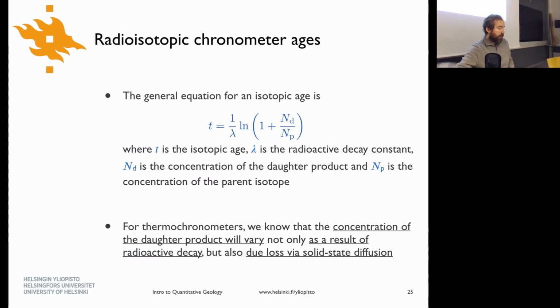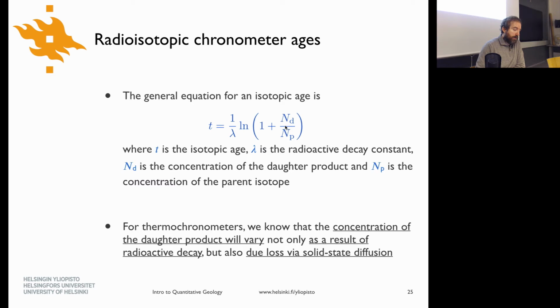All right, so let's now talk just briefly about some of the math here. It's not going to go into great detail, but just the general equations here in case you're interested. If you want to calculate an isotopic age in general, for some geochronological system, these are the pieces you need.